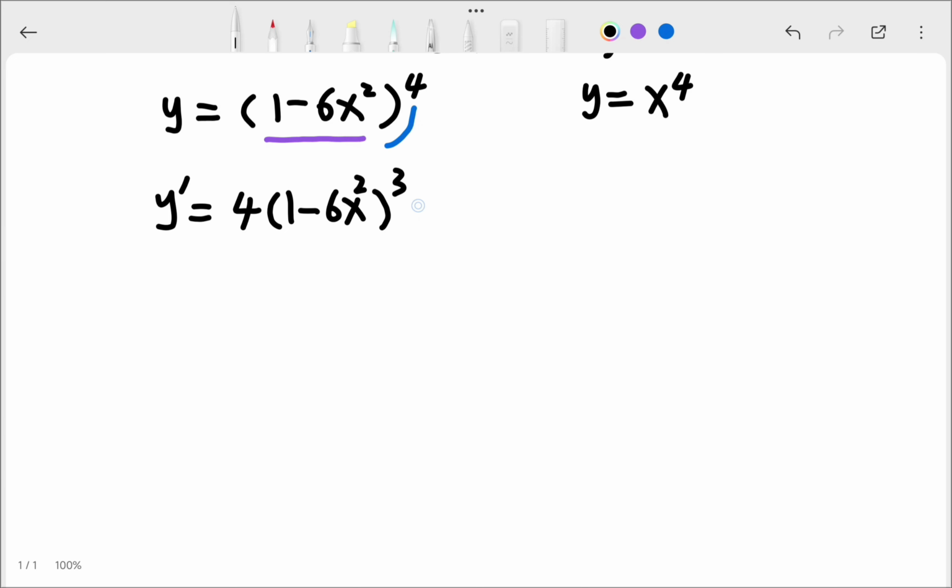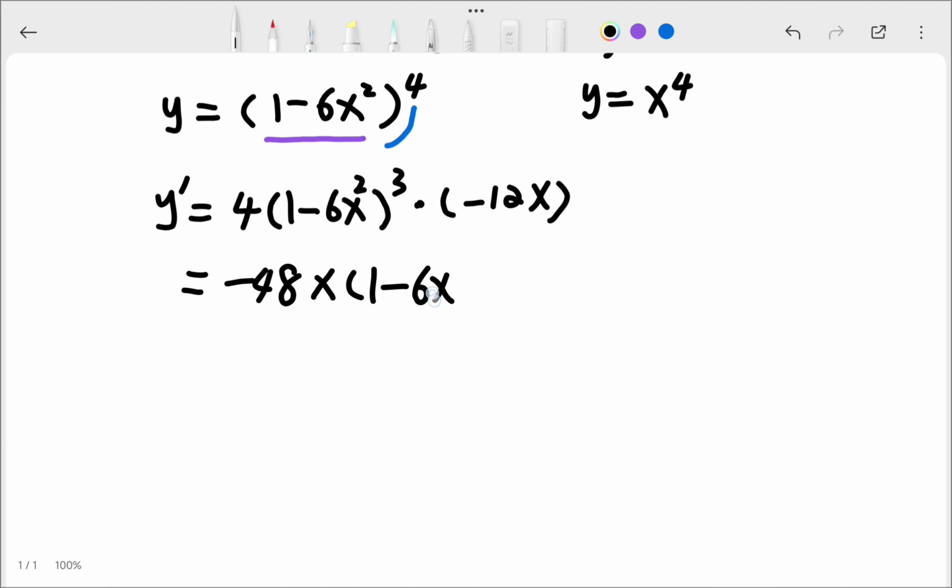Okay, and then multiply that with the derivative of the inner function, which gives us negative 12x. Remember to use the brackets for negative expressions. Okay, let's simplify this. And that is the final answer.